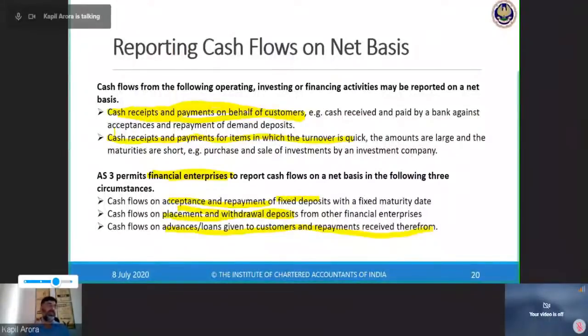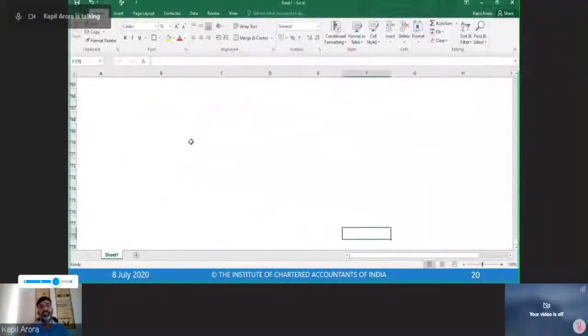And now coming back to the question, profit on sale of fixed asset. Why are we saying it is non-cash? Loss is non-cash.